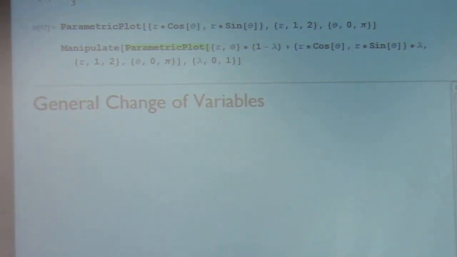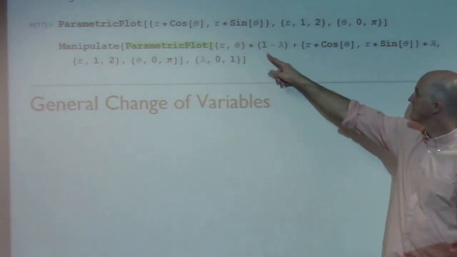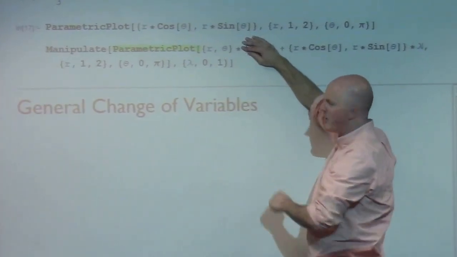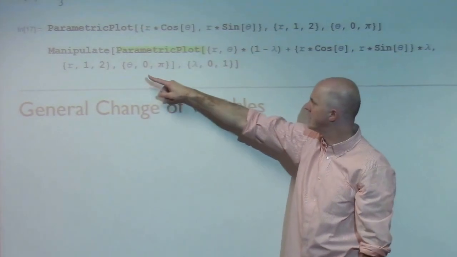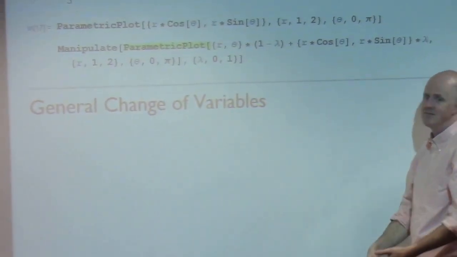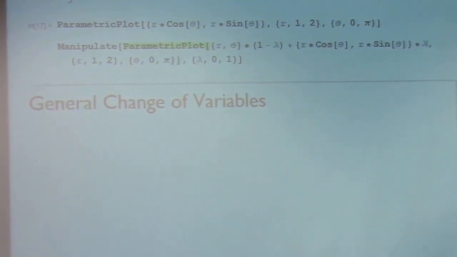But what happens when lambda is 0? When lambda is 0, that's 0, and this part goes away. This is 1 minus 0, which is 1, and you're just left with this. You're graphing r comma theta as r goes from 1 to 2 and theta goes from 0 to pi. Now again, in Mathematica, the symbols are just symbols. They don't necessarily have an implicit meaning.